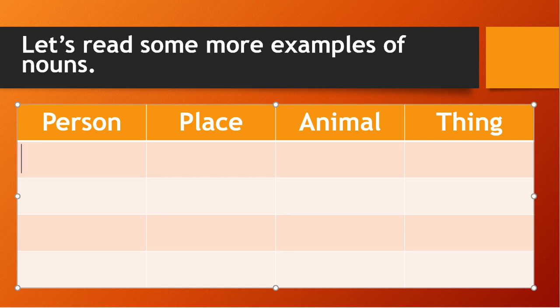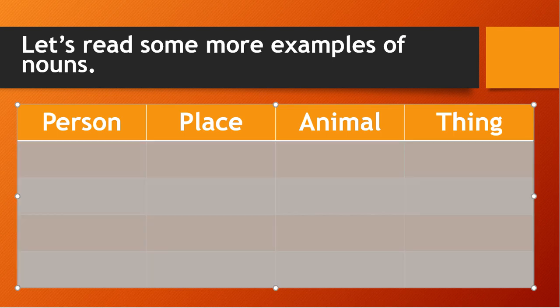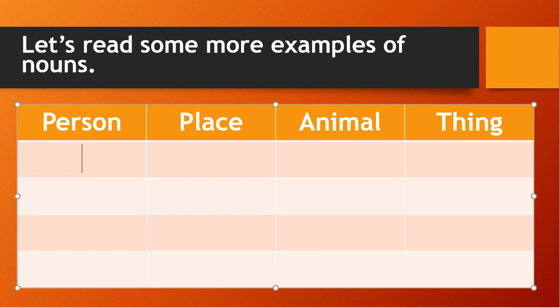Let me write down the examples. First, person. I can say baker, who is baking things in a bakery. Okay, I can write baker. Then I can say farmer.